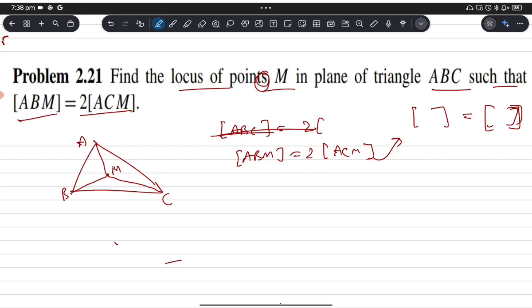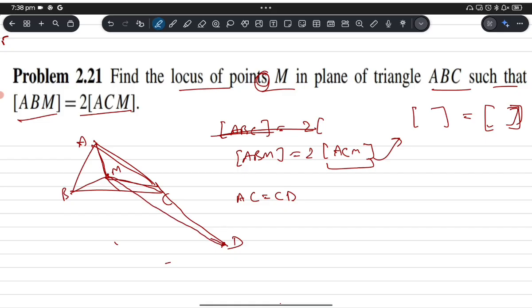How do we do that? We are saying twice of ACM. Let me extend AC to some point, let's say D, such that AC equals CD, right? And I'll connect M to D.